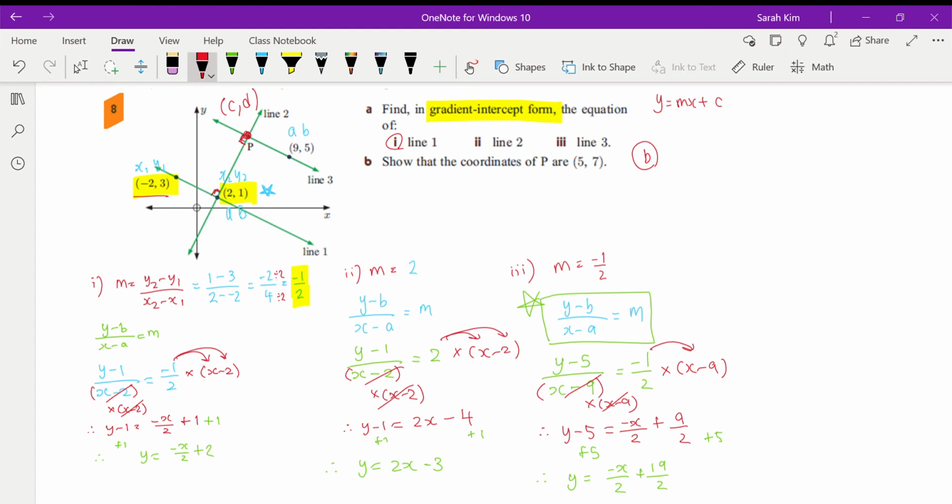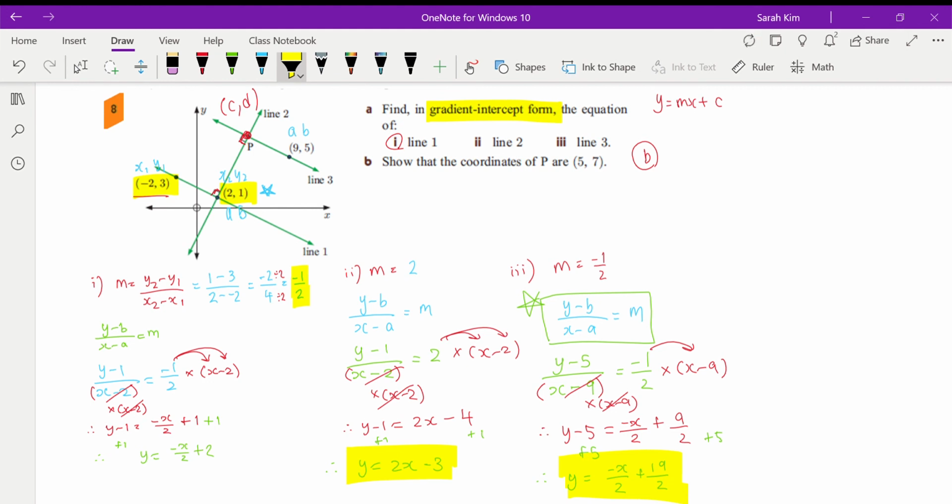First things first, I have to make sure it lies on the equations of line 2 and line 3. So basically 5, 7 needs to lie on this line here, so it needs to work in those 2 equations.